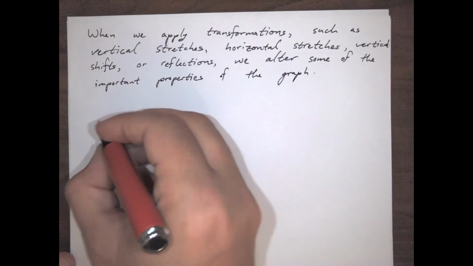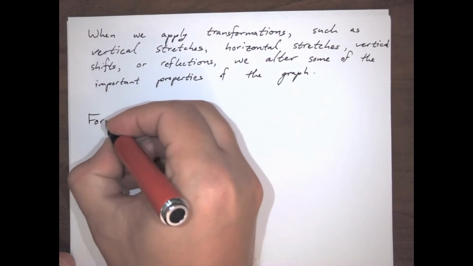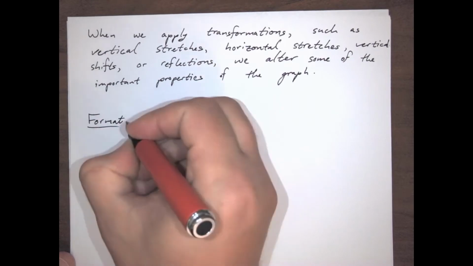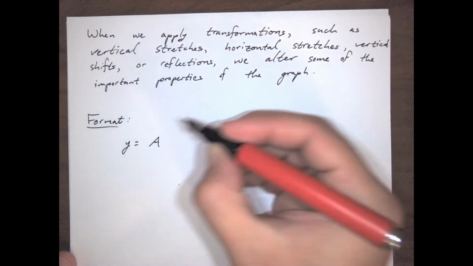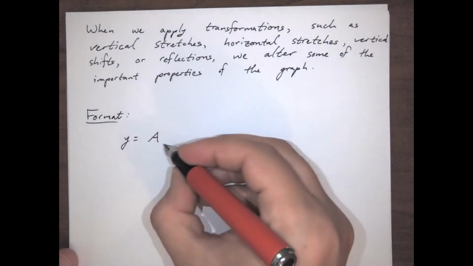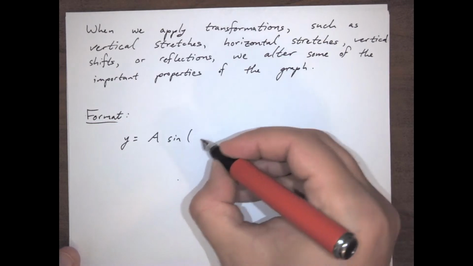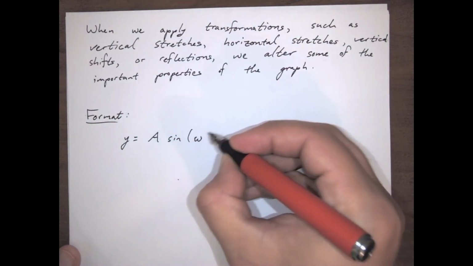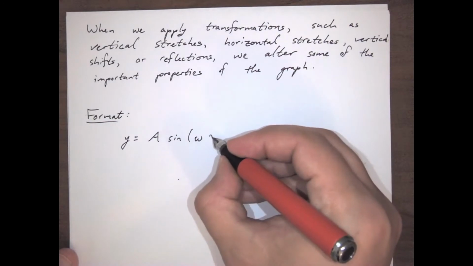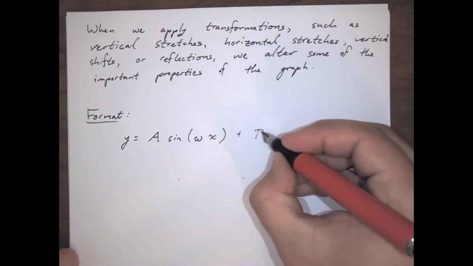So let's just say this will be our default format. y equals, we'll have a coefficient A, sine, and in here we'll have the Greek letter omega, which looks a lot like a W, x plus b.